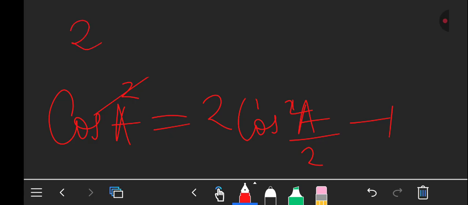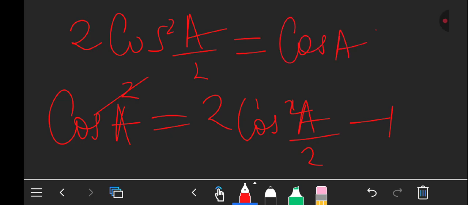What we want is the half angle to be on the left hand side. So it will be 2 cos squared a over 2, and this is squared, mind you. It will be equal to, this one will go to the other side, so it will simply be cos a plus 1.